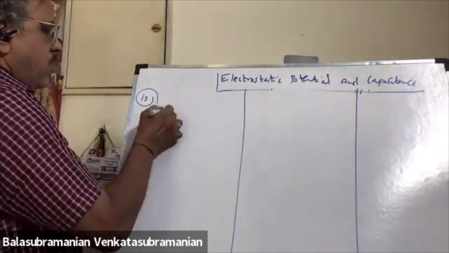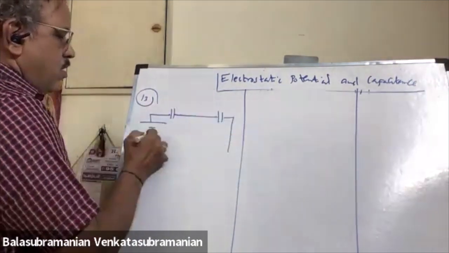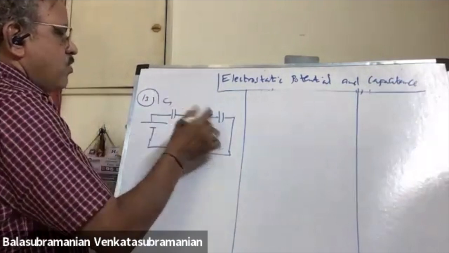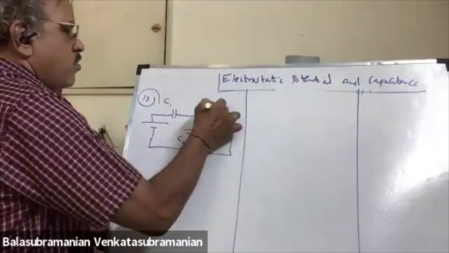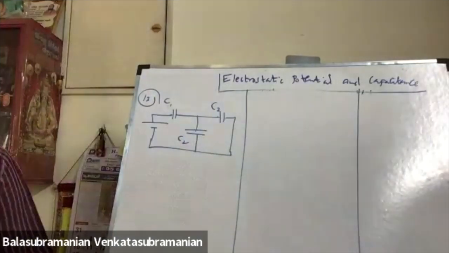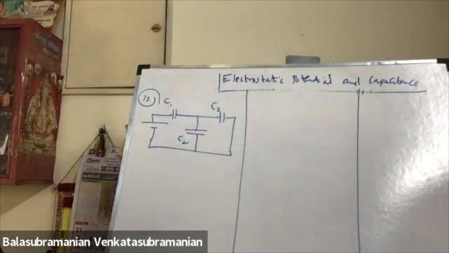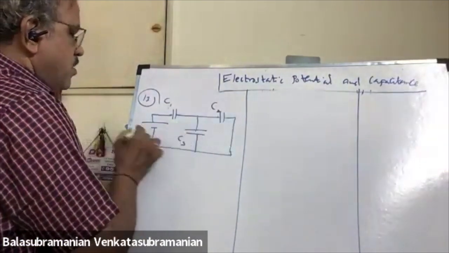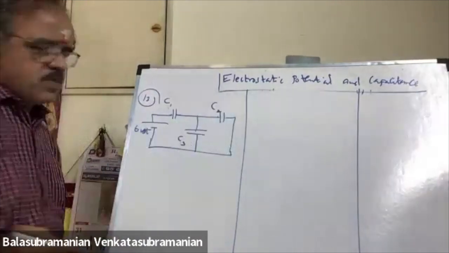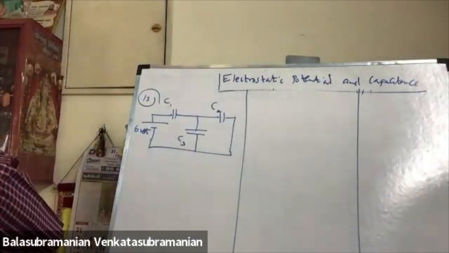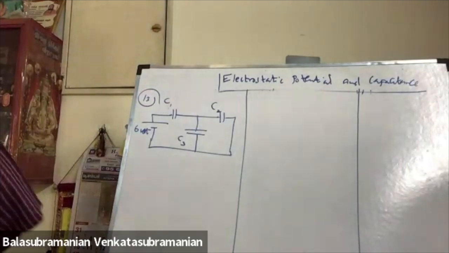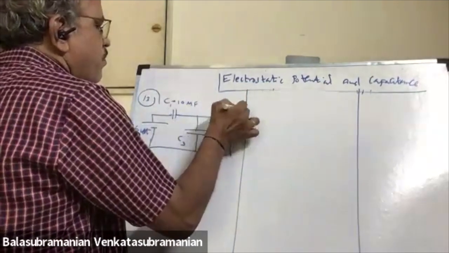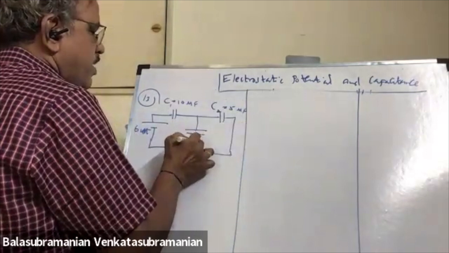The battery value is 6 volt. C1 value is 10 microfarad, C2 is 5 microfarad, C3 is 5 microfarad.